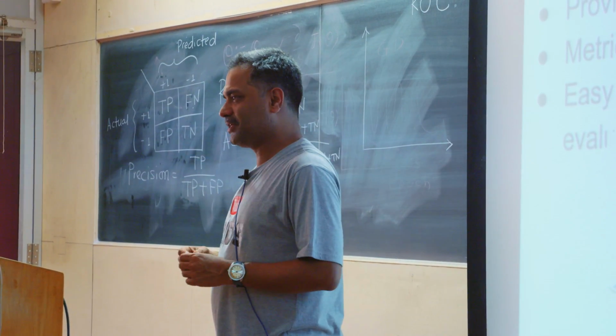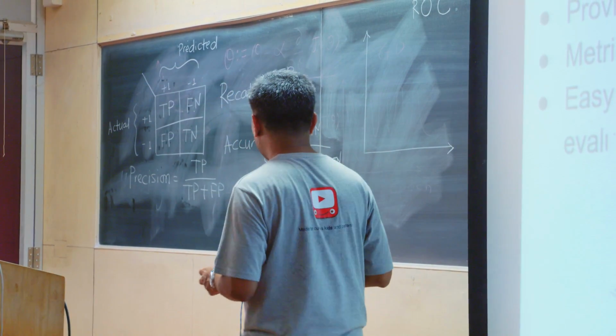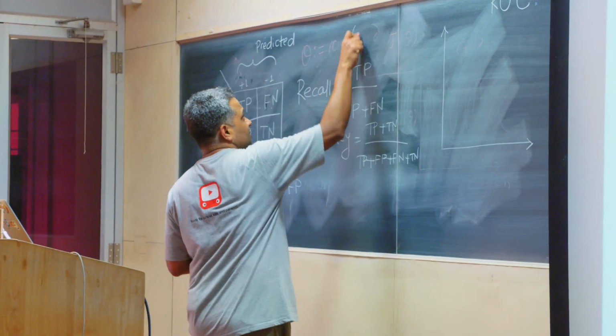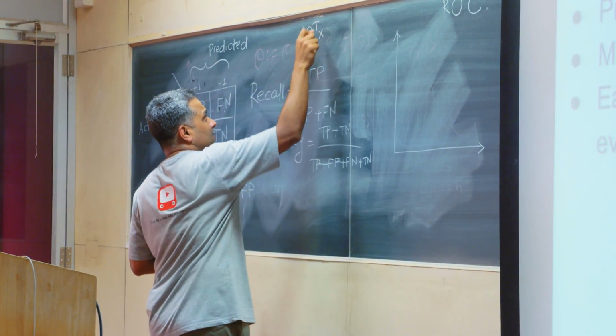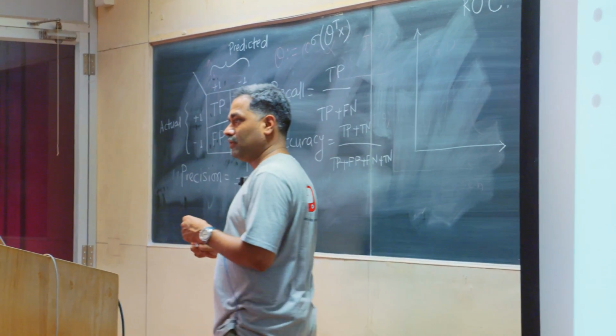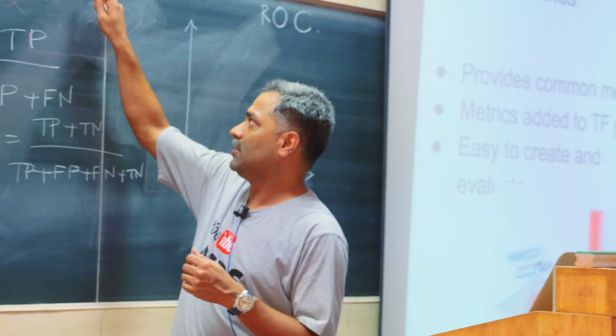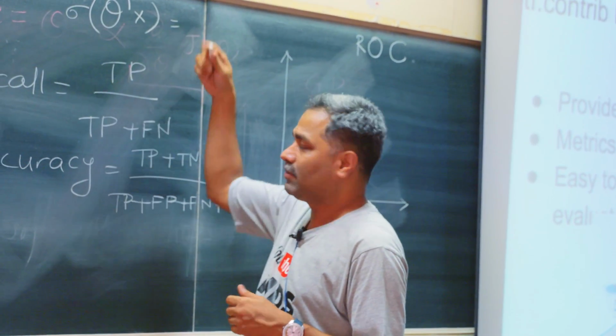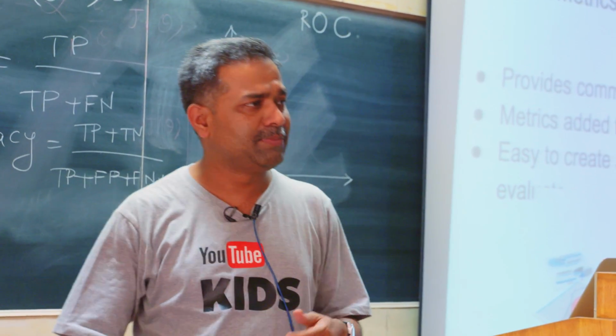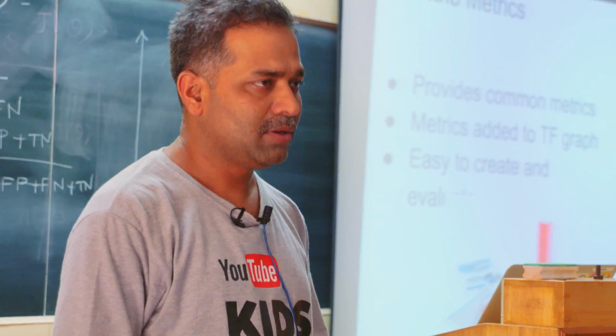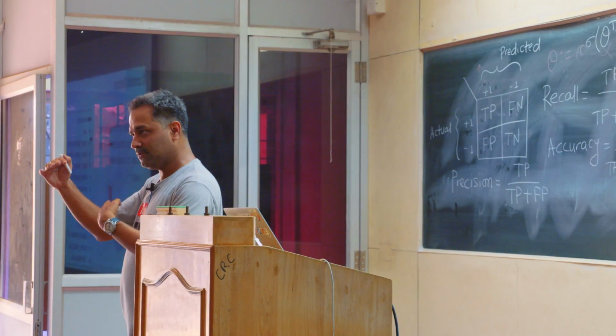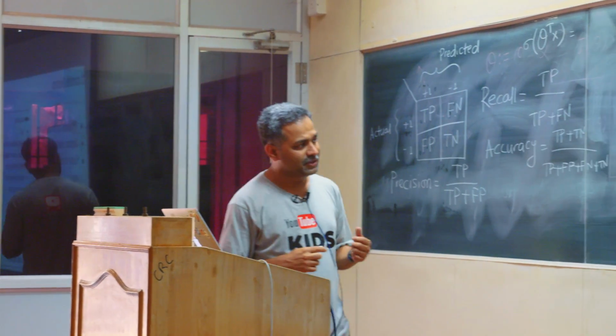Everybody knows what is logistic regression, right? We take a linear combination, right, theta transpose x, and we pass it through a sigmoid function, right? And we essentially get plus 1 or minus 1 output. At the same time, we can also get probability, right? The real number is squashed between 0 to 1, and there is a probabilistic interpretation to that.